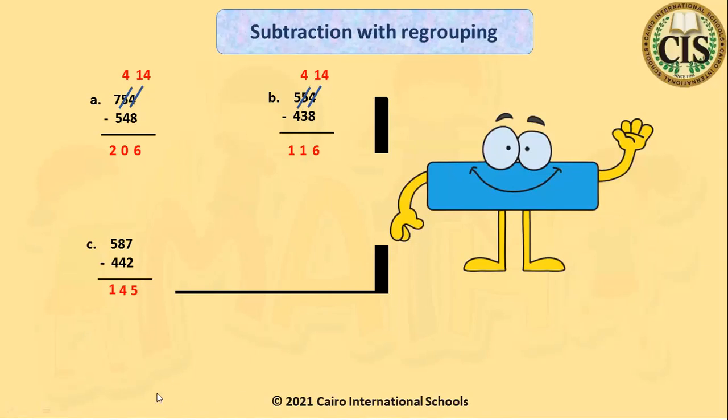Number 4, 247 minus 129. Who can help me to solve this one? Kenzie, do you hear me?